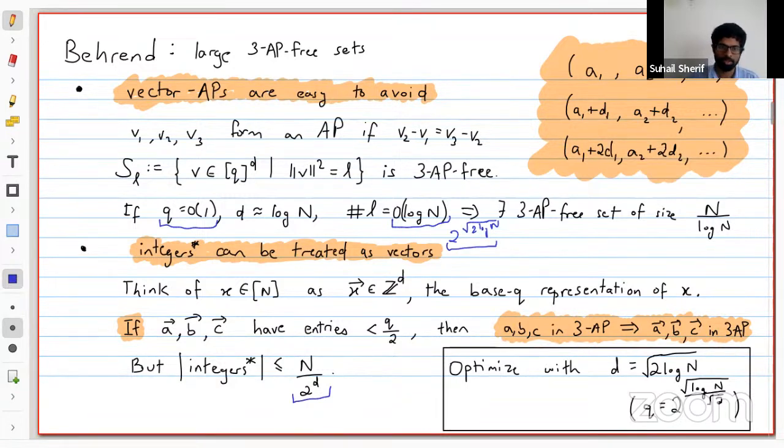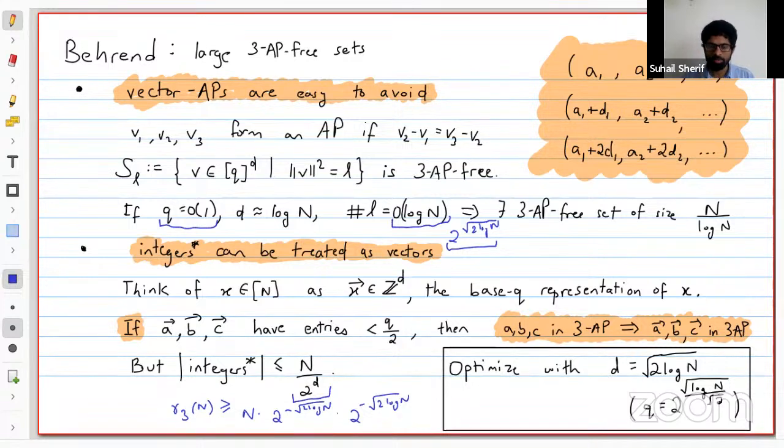So therefore, this gives us that R3 of n is at least n times 2 to the minus root 2 log n times another 2 to the minus root 2 log n. And that's exactly the construction of Behrend.